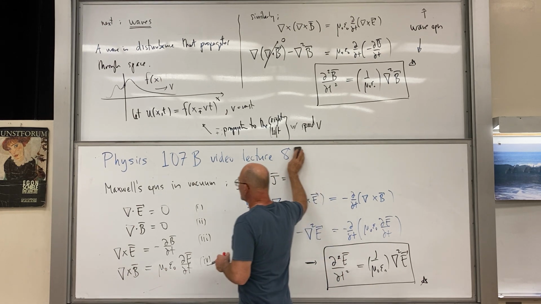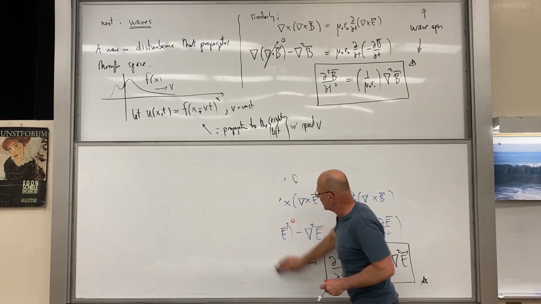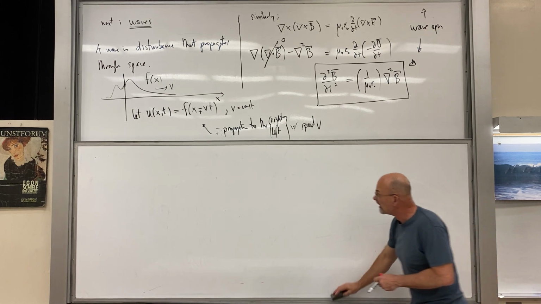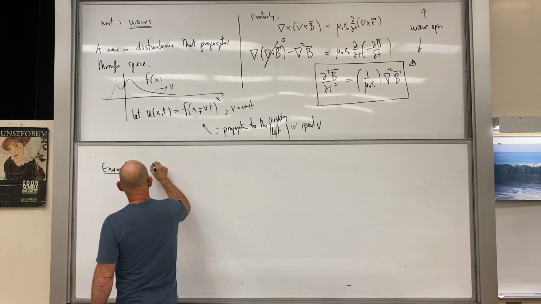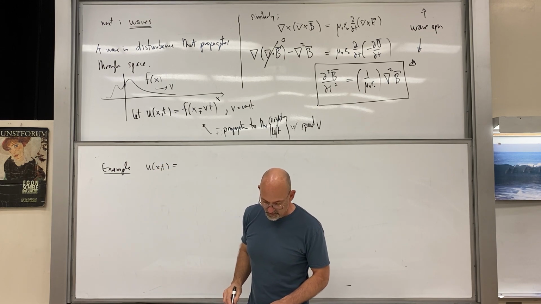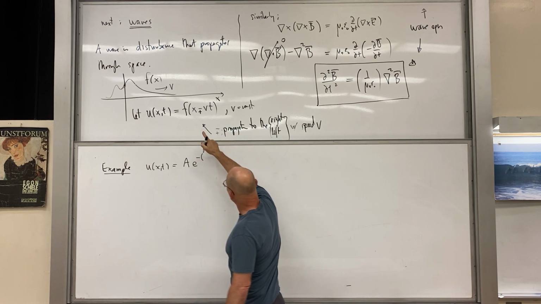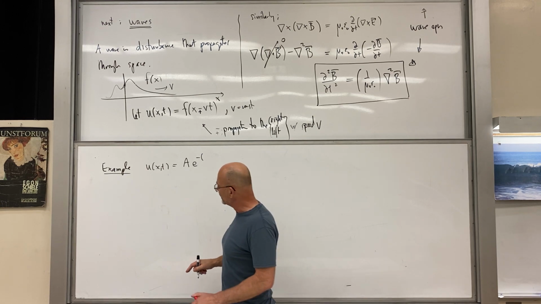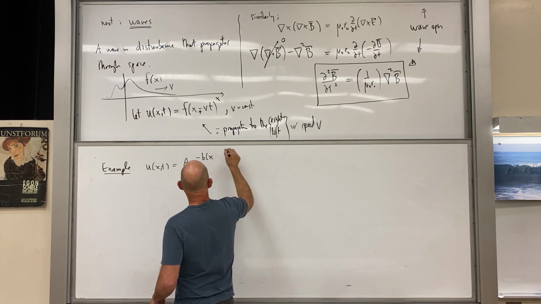And I'll even give a concrete example. So, for example, u of x and t could be some constant times e to the minus, and I'm going to use that argument there, but I want to keep this dimensionless, so I'll use some letter b, times x minus vt.